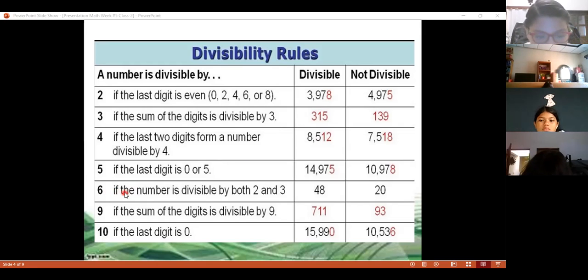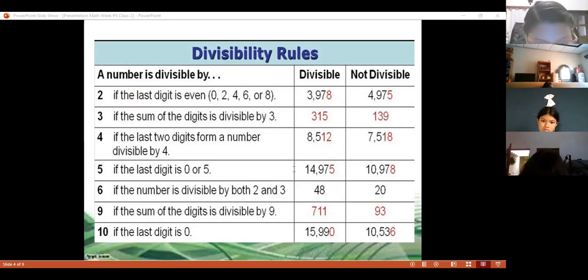By 6: if the number is divisible by 2 and 3, then it's divisible by 6, using rule number 2 and rule number 3. So that number must be an even number. Is 48 an even number? Yes. And if you add the digits of 48, is it divisible by 3?